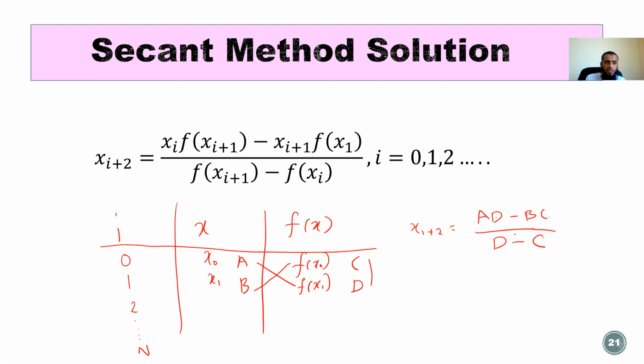AD minus BC divided by D minus C. Then you get this equation, which will find this value, x2.